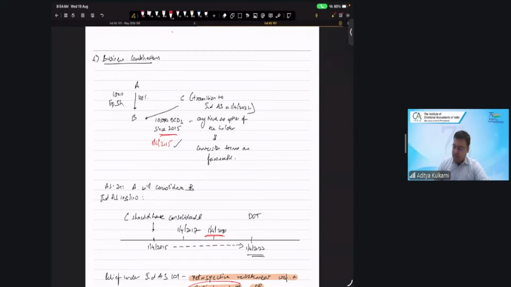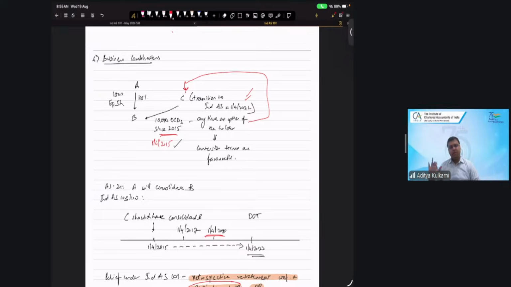C is transitioning to Ind AS on 1st April 2022. The optionally convertible debentures can be converted at any time at the option of the holder, that means at the option of C. Do you understand? Yes, sir.